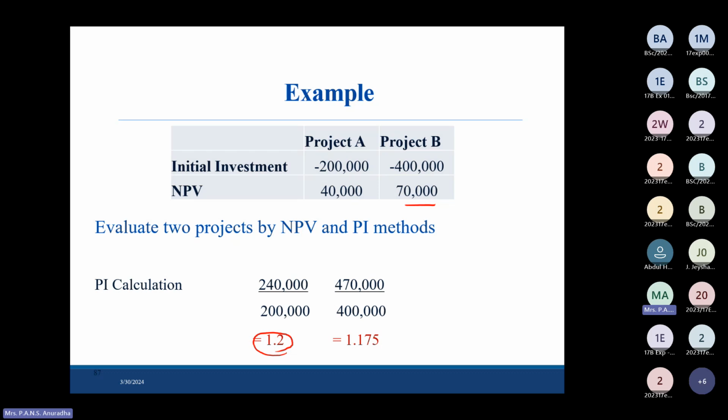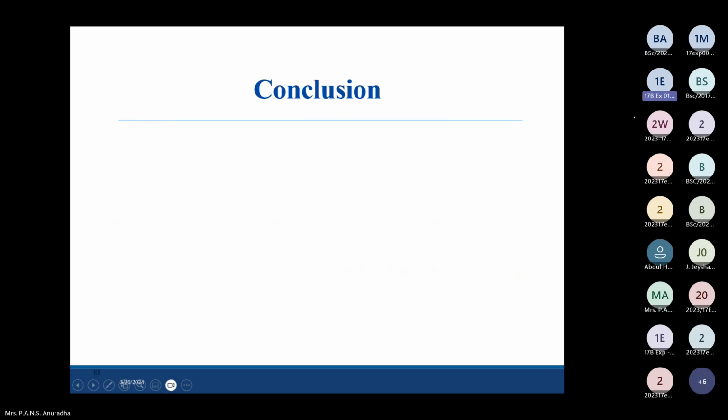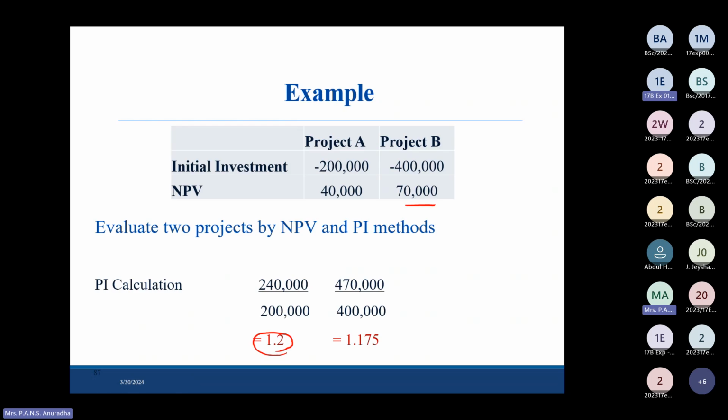In such a situation, according to NPV, project B is the one. According to the PI index, project A is the one.